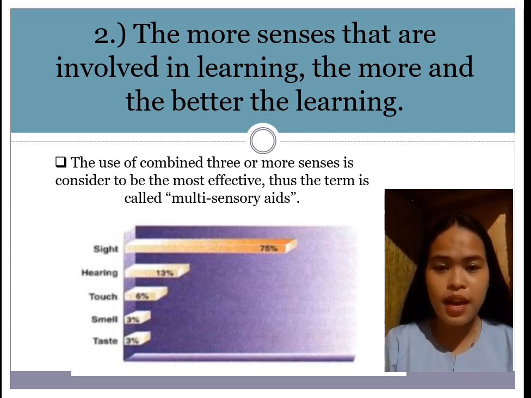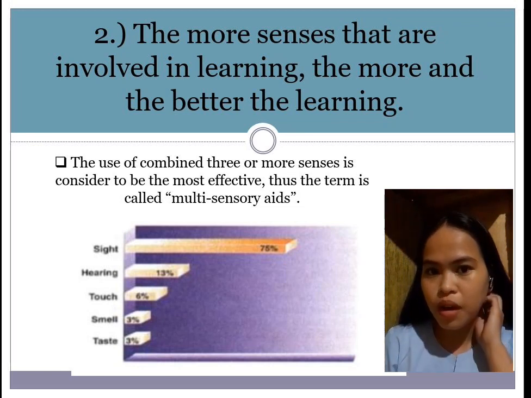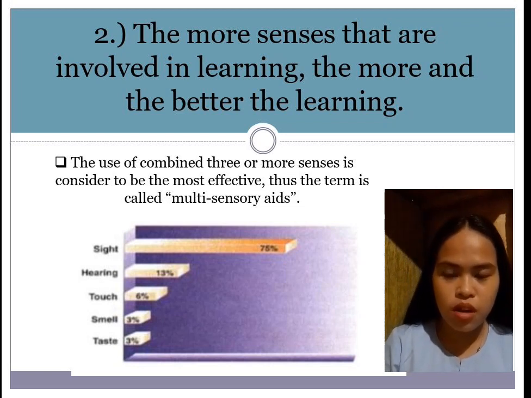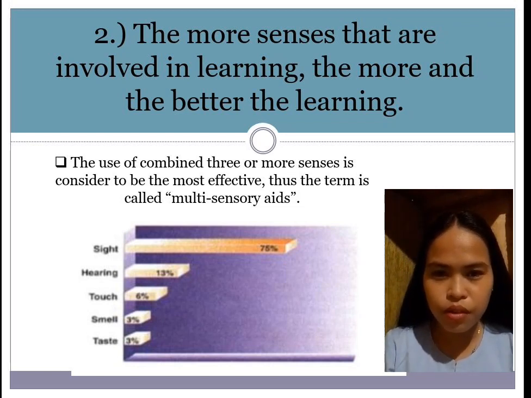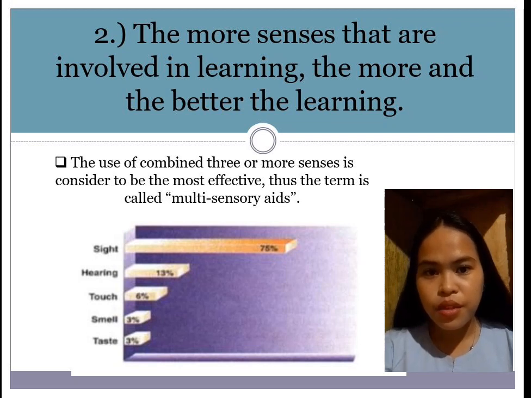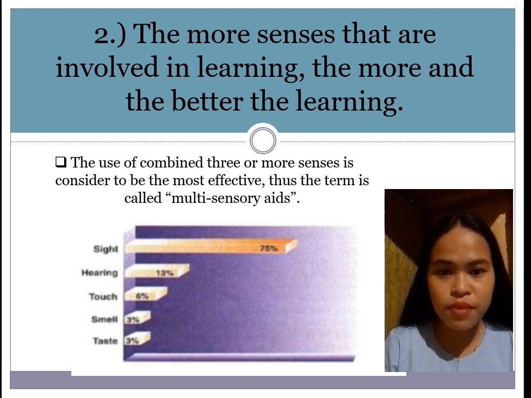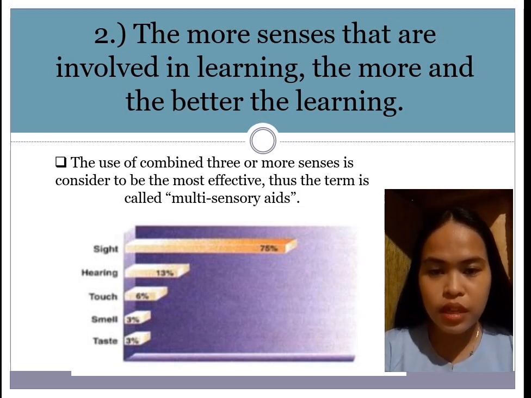So this implies the use of a teaching methodology that makes use of more visual aids than mere audio aids. So a combination of audio and visual aids, thus the term AV aid, which means audio-visual, is considered to be a more effective strategy in learning.